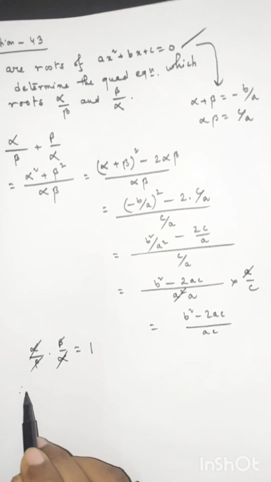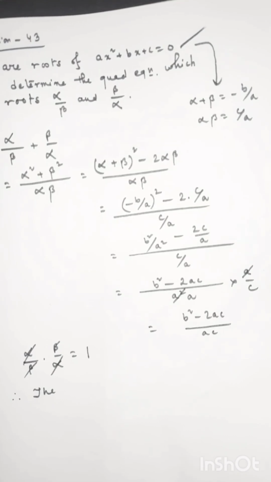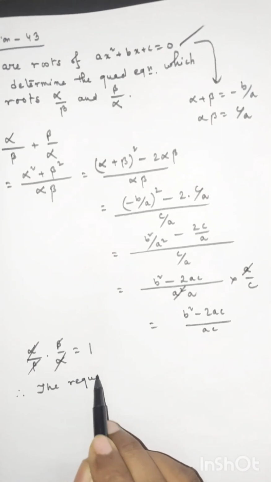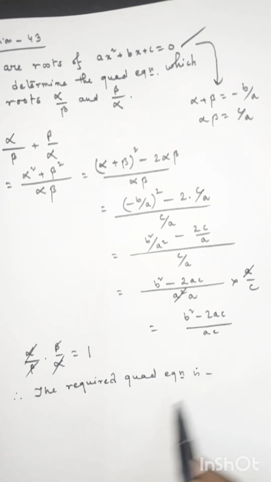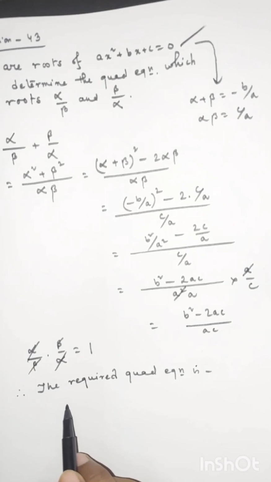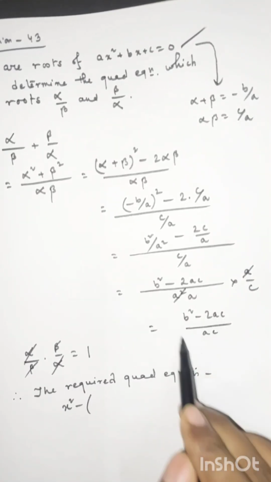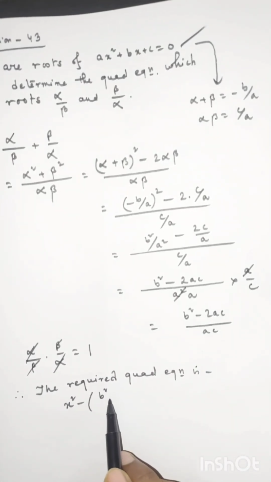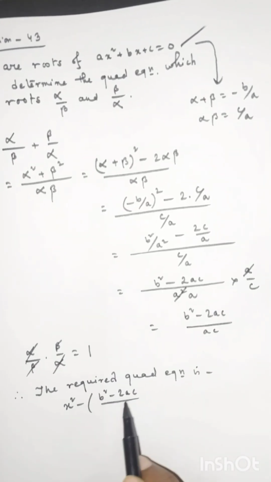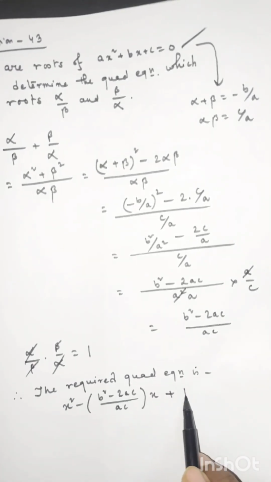And therefore the required quadratic equation is x square minus alpha plus beta, that means the sum of two roots, that is this, plus product of two roots, that is 1, equal to 0.